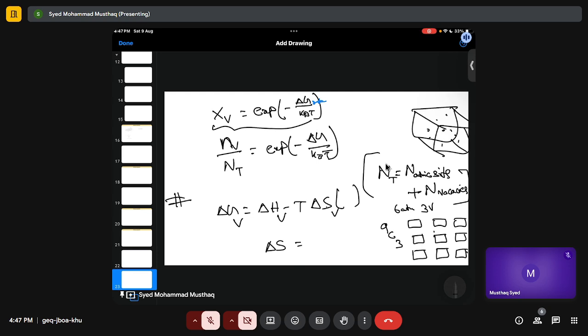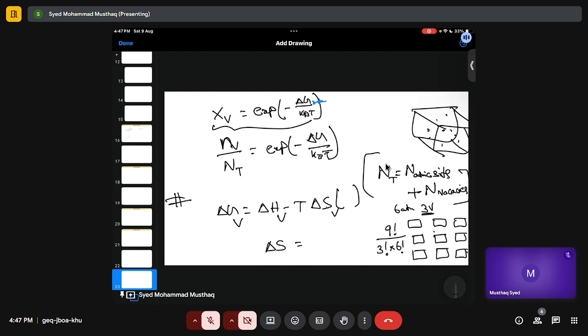For example, if I have NT sites, again let's not use combination notation, I will just write everything. First there are 9 sites, so it will be 9 factorial upon, vacancies are similar, so there will be 3 factorial, and the atoms are also similar, so you will have 6 factorial.